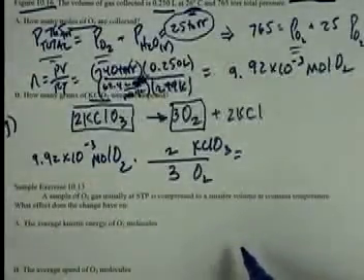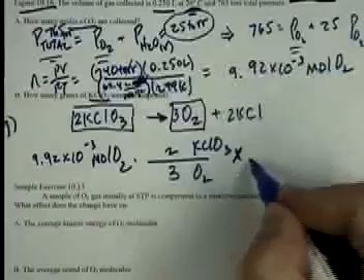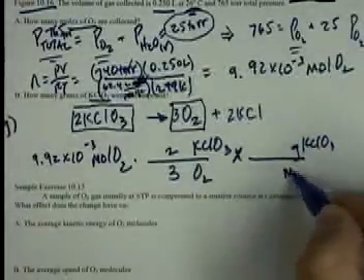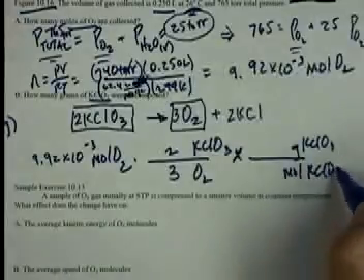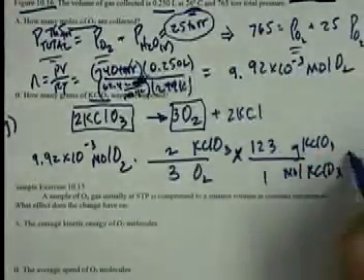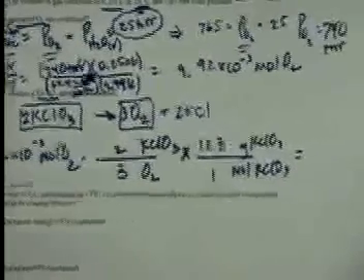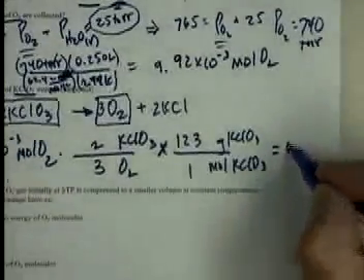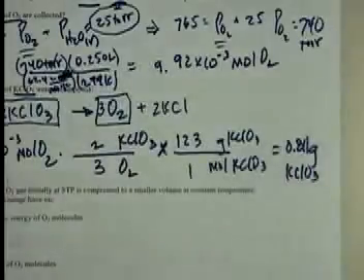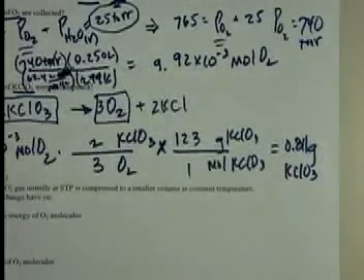Multiplying those together, it asks for mass, of course, so I'll continue on here and find out the mass. Grams of KClO3 in moles of KClO3. When you add KClO3 up on the periodic table, it turns out to be about 123 grams, and you end up with approximately 0.811 grams of KClO3 that was decomposed to give you this amount of oxygen gas.